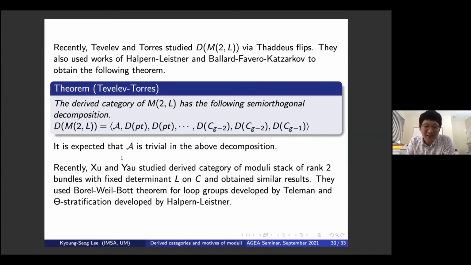It seems that they reduce lots of cohomology vanishing using this flip and this variation of the GIT argument. So I'm trying to learn their technique.